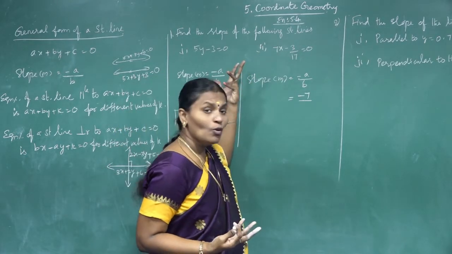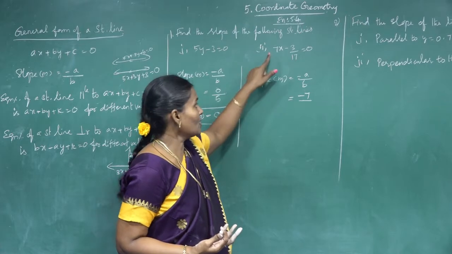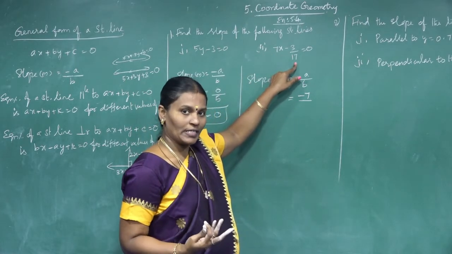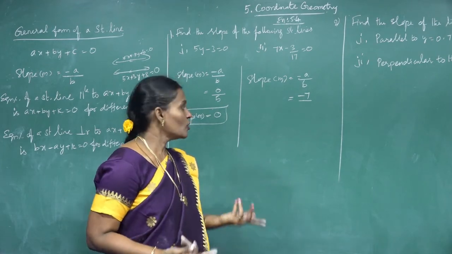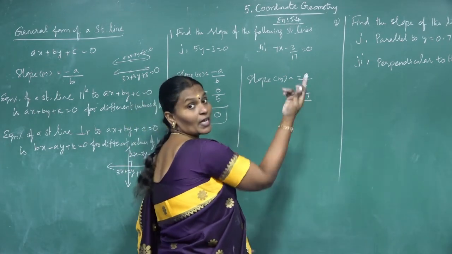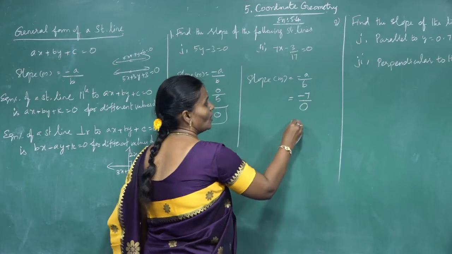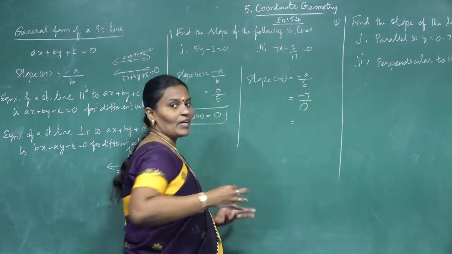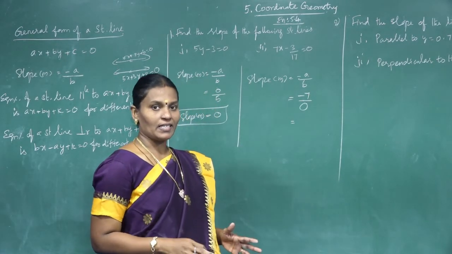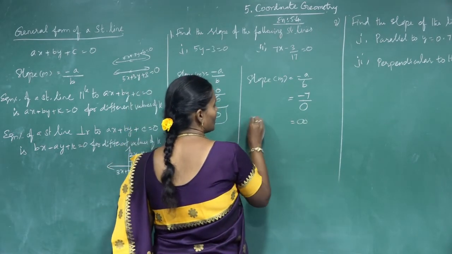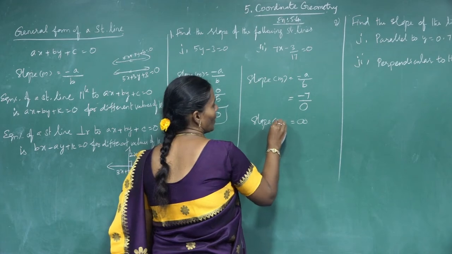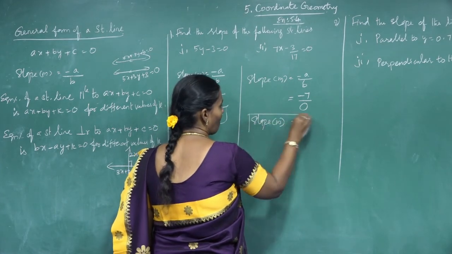In this equation there is no y term, so the coefficient is 0. So you consider b as 0. Any number divided by 0 is infinite, an indeterminate value. So here you write infinite. So slope m is equal to infinite.